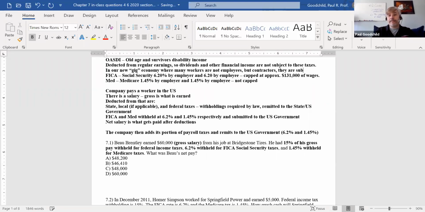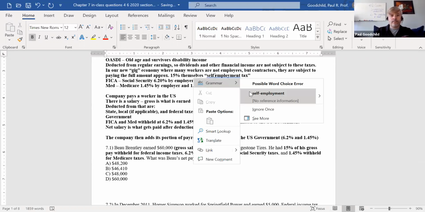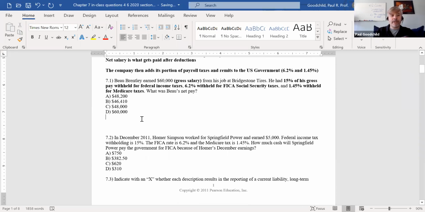They are subject to paying the full amount, approximately 15%, themselves. And that's typically called a self-employment tax. Okay, sorry about that.